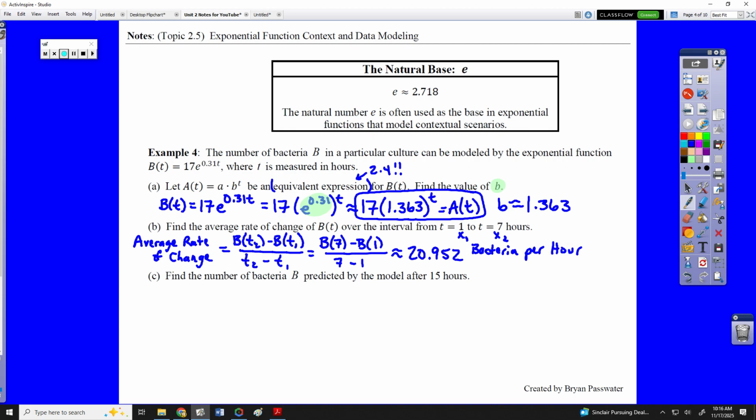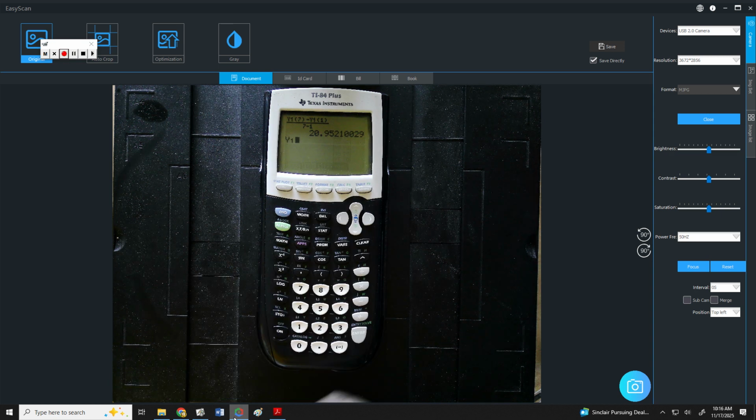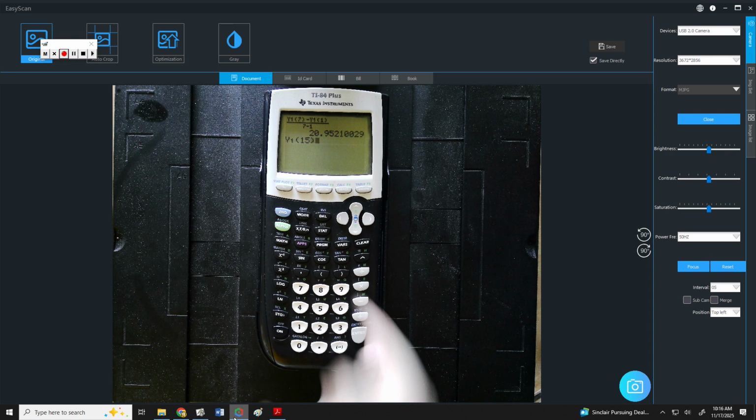Then we need to find the number of bacteria B predicted by the model after 15 hours. Remember that this is a t-value. So again, on our calculator, we can evaluate that by plugging it into our y1 equation. So we go back to the calculator, and we go alpha, trace, y equals, and we feed it 15.